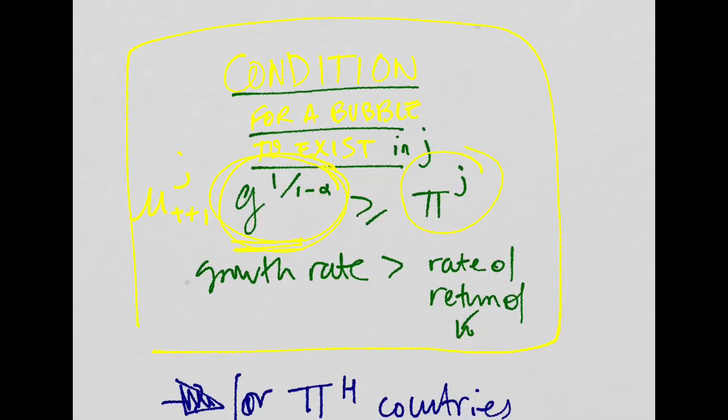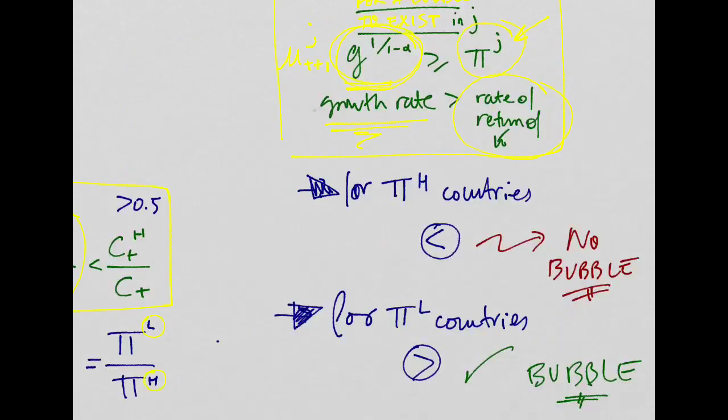And the threshold would be, if this growth rate of the economy is higher than what capital gives you in terms of return in your country, then in that country, bubbles will start appearing. Now you can see why in high productivity countries this will not be the case. This would be less than that, and there will be no bubbles because they're not as attractive.